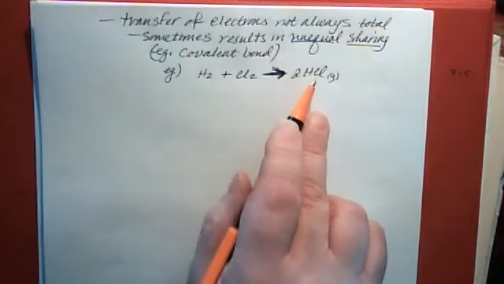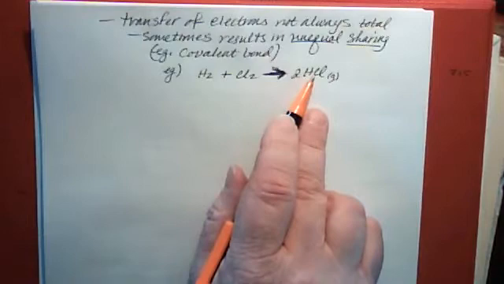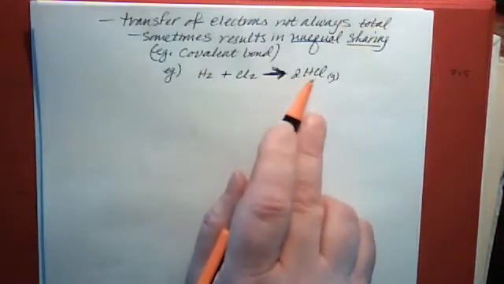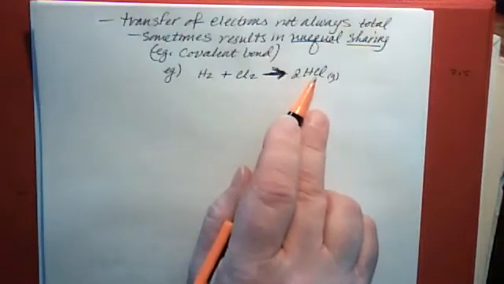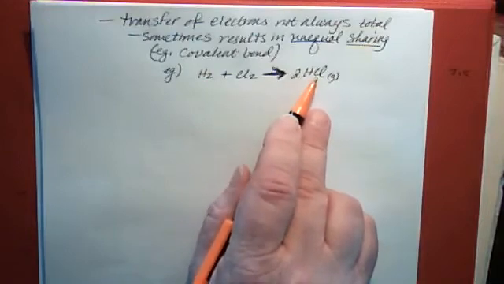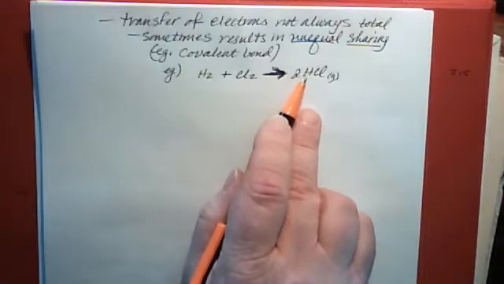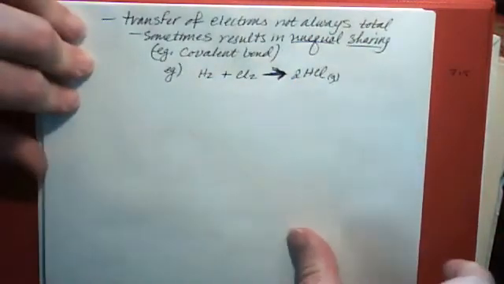It'll ionize if you put it in water, but as long as it's an intact molecule, it does not consist of ions. It actually consists of hydrogen covalently bonded to chlorine, and the chlorine pulls the electrons closer to itself, but it can't take them completely away from the hydrogen. And so that is an unequal sharing, or in other words, a polar covalent bond.